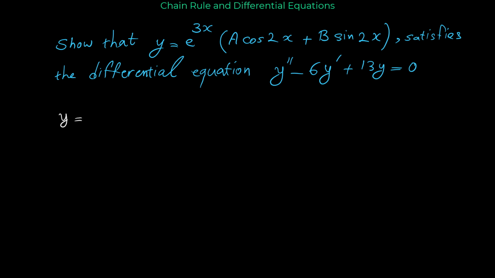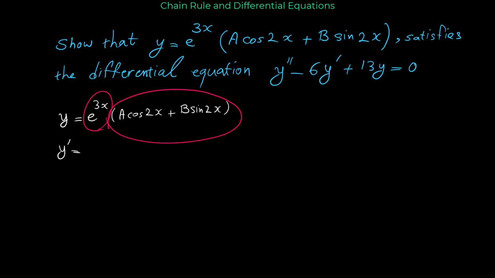Y equals e to the 3x times (a cosine 2x plus b sine 2x). First we have to find y prime, the first derivative. For finding the derivative of y, we use the product rule because we have a function times another function.